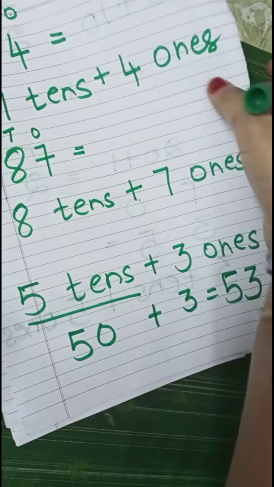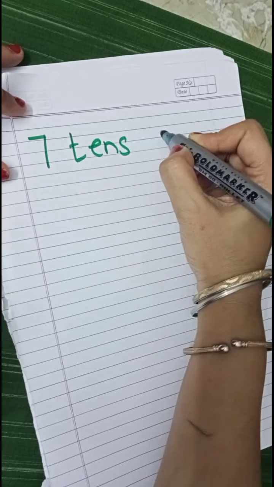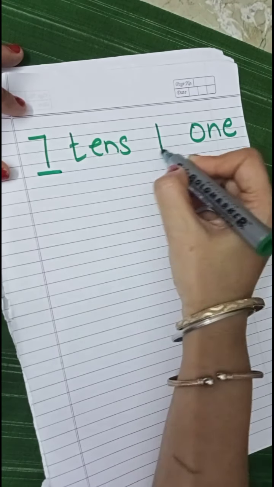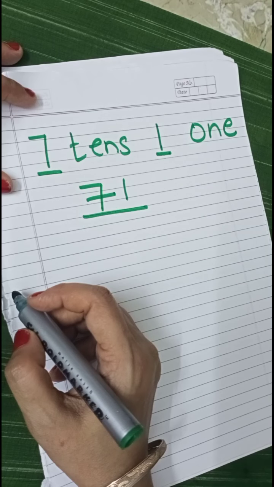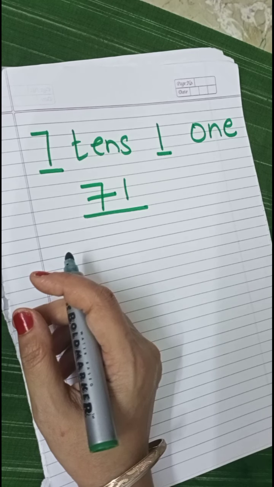Okay, clear? 5 tens and 3 ones means 53. 7 tens plus 1 one: 70 plus 1 is 71. Any doubt on this? Is this clear to you?